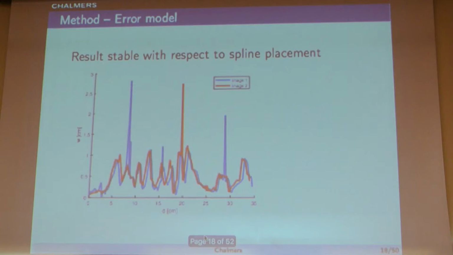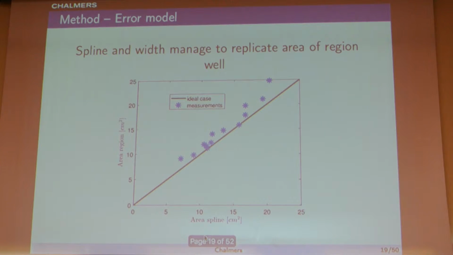Remarkably, this method is sort of stable. If you do it with different images on the same egg blob, we get sort of similar results, apart from these high peaks, which come when the egg white twists a lot, and the width is calculated along its main axis. And it manages to replicate the area of the blobs.